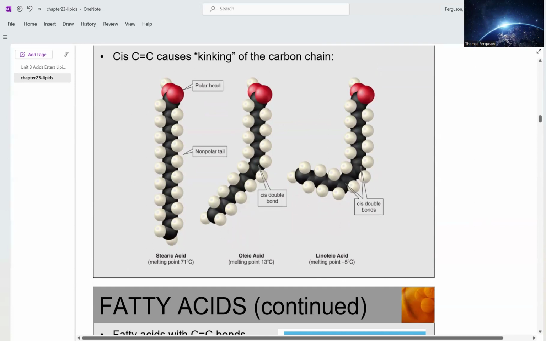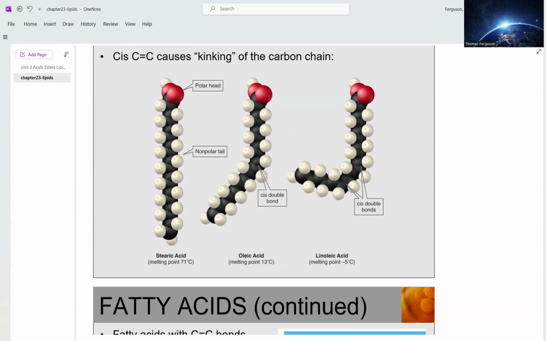Now, stearic acid is a long fatty acid, 18. You get that usually from meat. Oleic acid from olives, linoleic acid from corn. When you have a double bond in there, the natural version is called a cis.